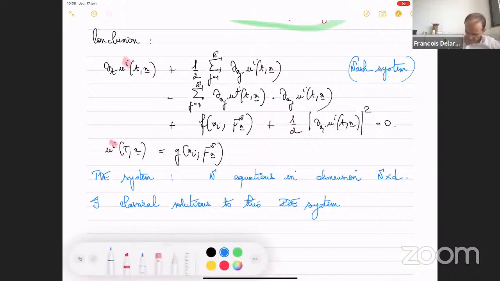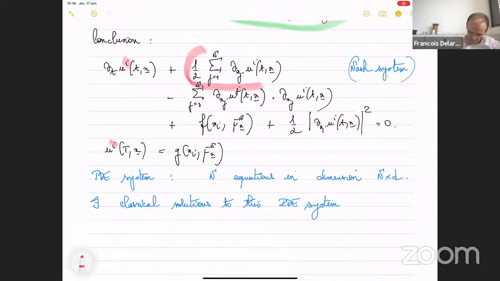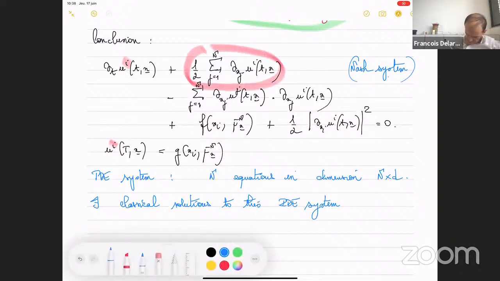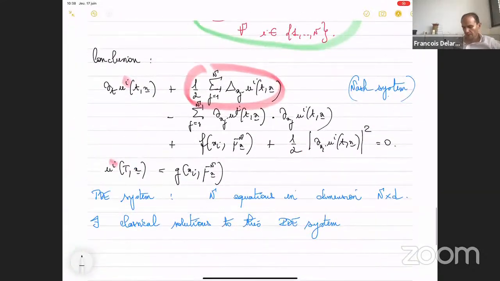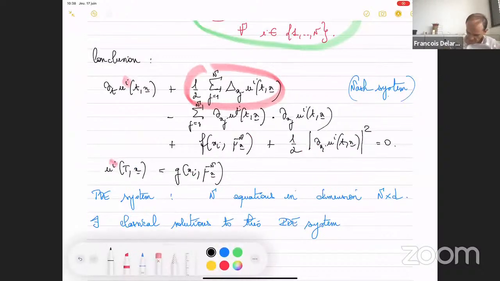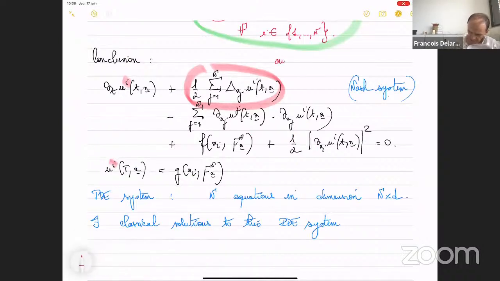This is the fact that this is non-degenerate because you have the sum of all these. I'm sorry, here there is a mistake, by the way. This is the Laplacian. Yes, this was okay. So you have the sum of all these second order derivatives, or second order Laplace terms. And because of this, the PDE system is non-degenerate.